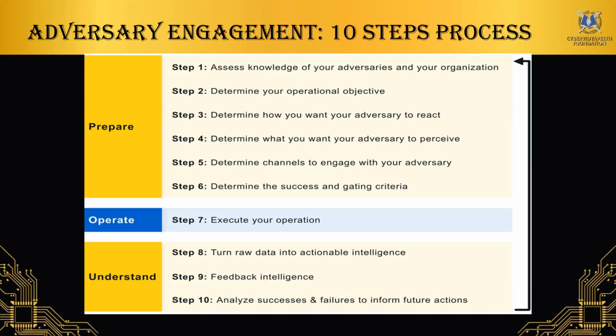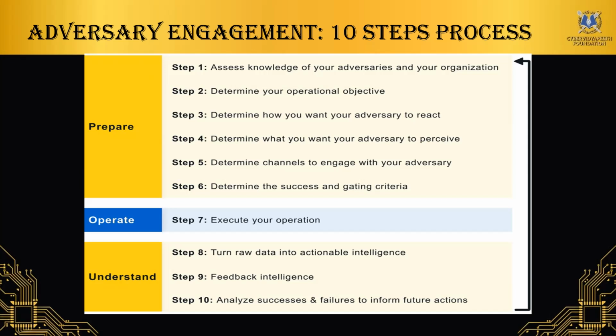Second step, once you know about yourself and about your adversary. I'm not saying you know everything about the adversary, because deception or the adversary engagement process is all about knowing more about them. So determine your operational objective is the second most important step. Third, determine how you want your adversary to react.